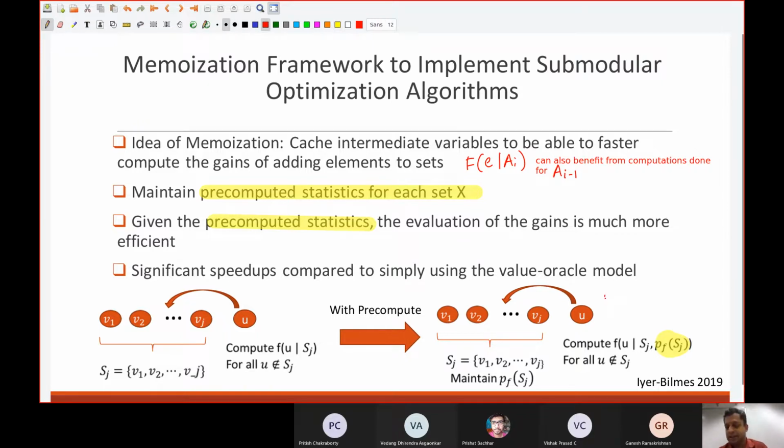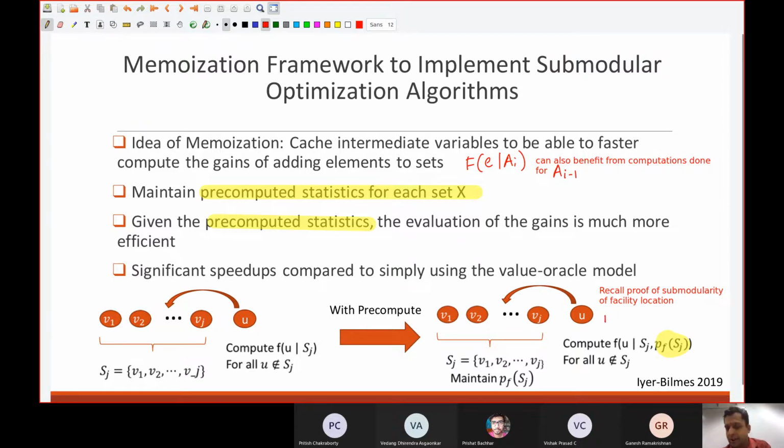If you recall the proof of submodularity of facility location, remember, there was one important step we had there. In the proof, what did we say?